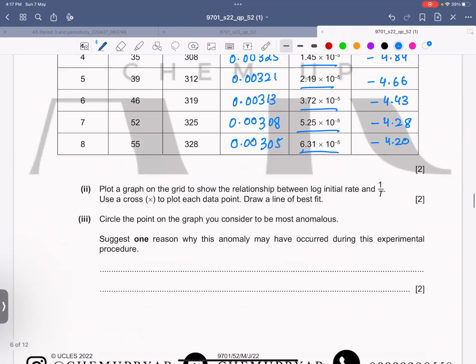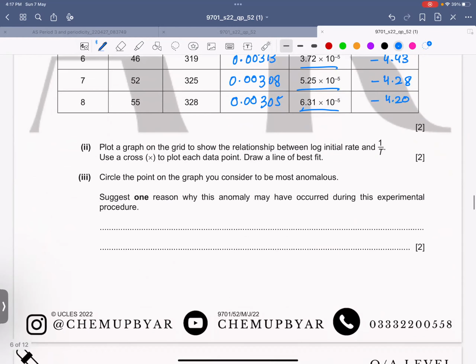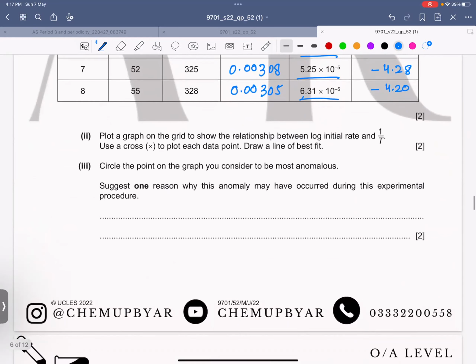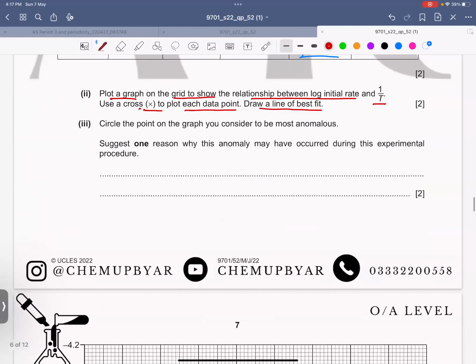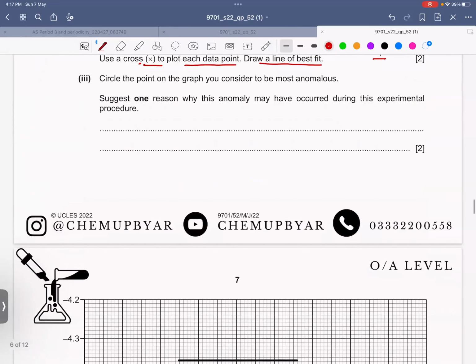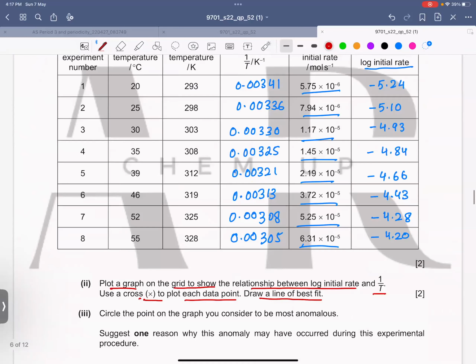Now, plot a graph on the grid to show the relationship between log initial rate and 1 over T. Use crosses to plot each data point. Draw a line of best fit. Okay. So let's draw the graph. It's minus 5.24 and 0.00341.